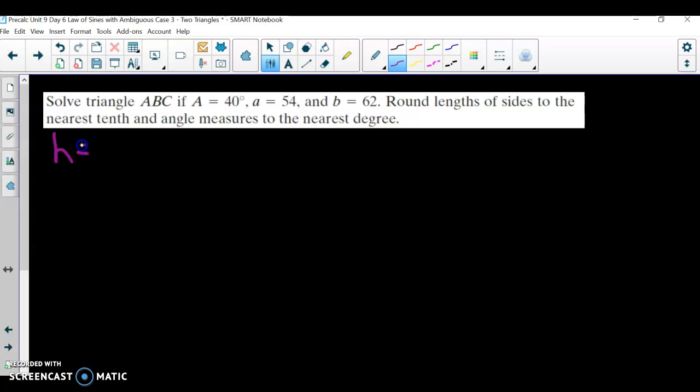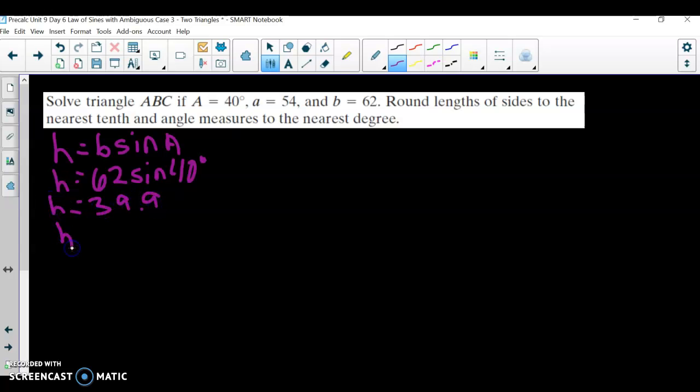Remember, height is equal to B sine of A. Well, my length of B is 62, and A is 40 degrees. So if I calculate this using decimals, then this height would be 39.9.